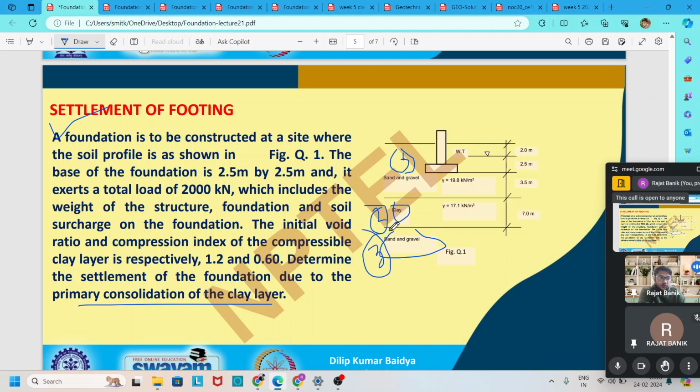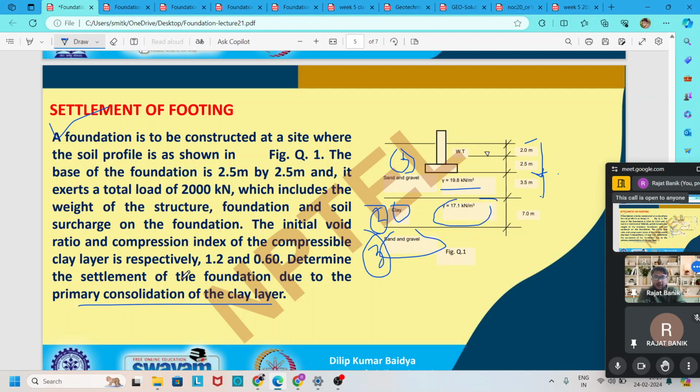The unit weight of each layer is given. The unit weight of sand and gravel is given as 19.8 kilonewton per meter cube, and for clay it is given as 17.1 kilonewton per meter cube. The thickness of each layer and the depth of the foundation are also given. We have to find the settlement of the clay layer.